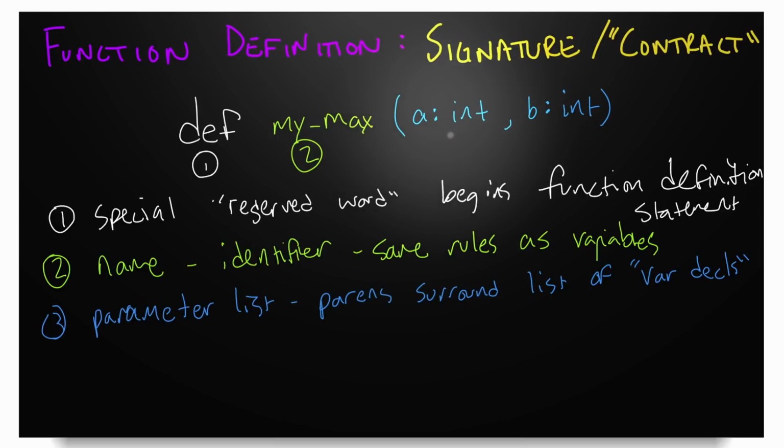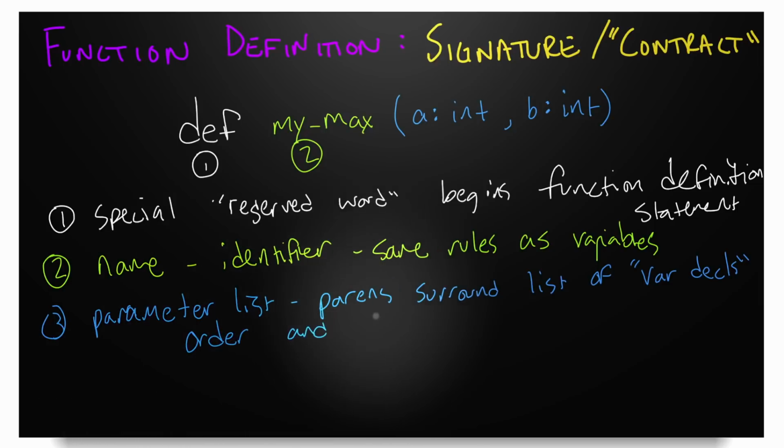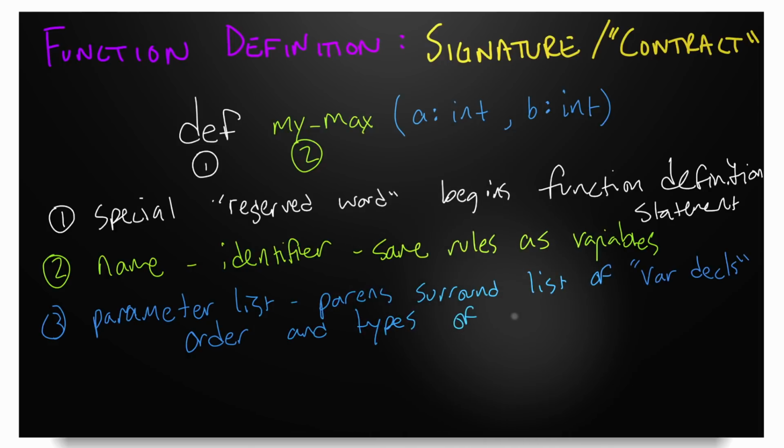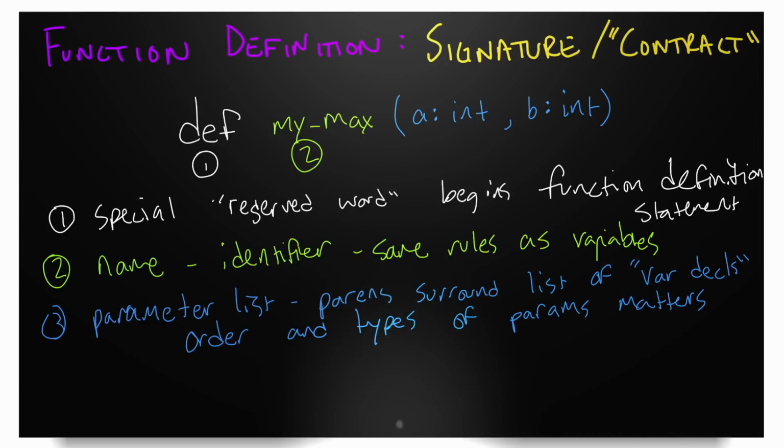We expect the first argument of this function call to be an integer, and b is the second parameter. And this order matters. The order and types of parameters, and you'll also see the word parameters shortened to params, matters greatly in how we use the function and how we define it.